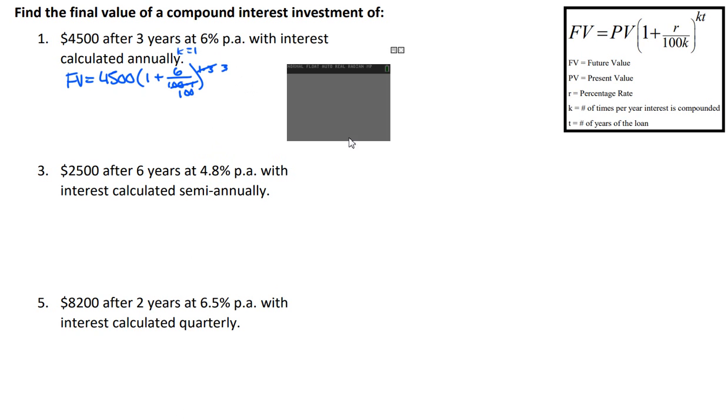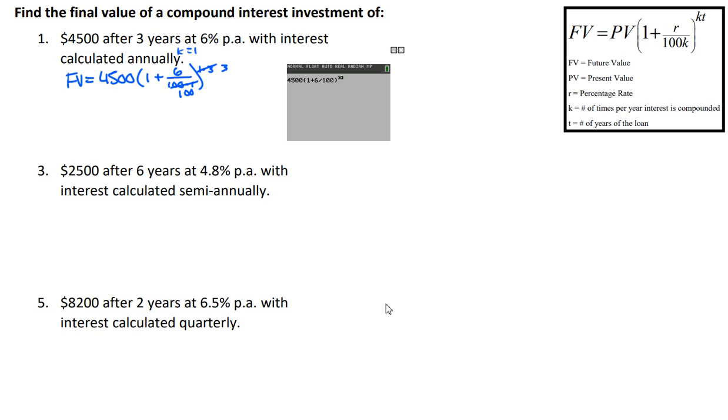So let's turn this on. I guess it's on. So let's see. We do 4,500, 1 plus 6 divided by 100, all to the third power.